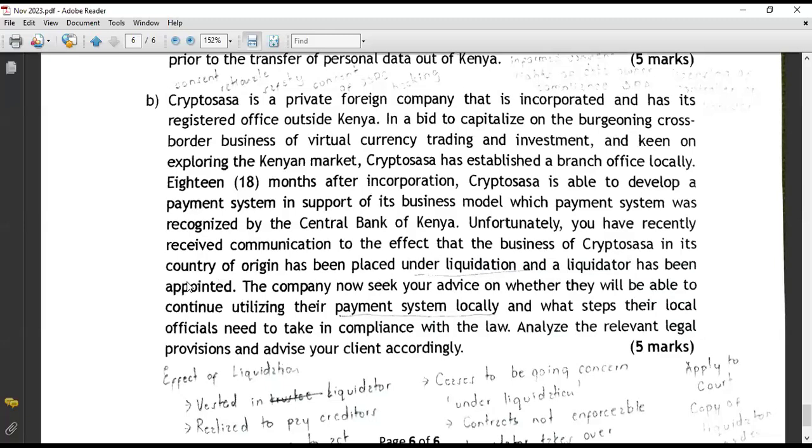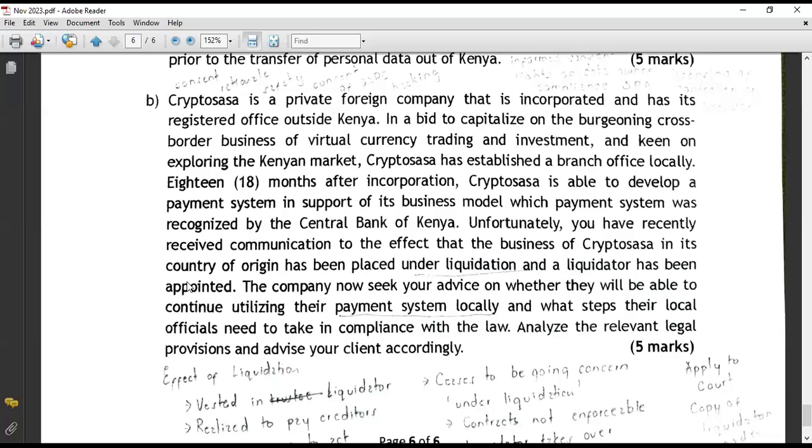From what I managed to see, I can be corrected, that a parent company undergoing liquidation in a foreign country may not necessarily interfere if the operations of the subsidiary are going on independently and it's generating its own income. Then the liquidation of the parent company will not interfere with the operations of this other company because they're operating independently.